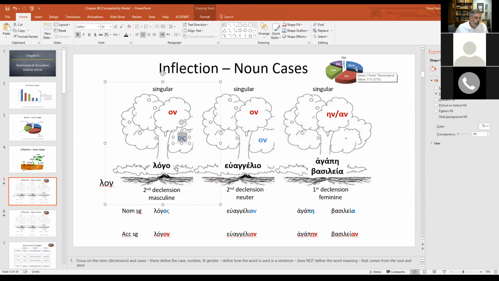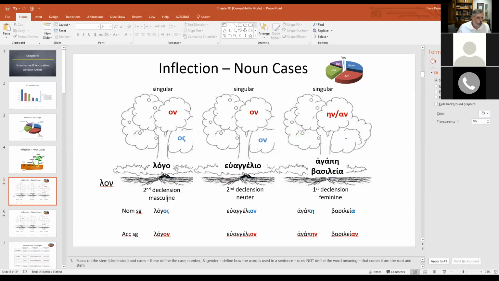That's a nominative case. That means if the word is logos, it's in the nominative singular case, and it means it's functioning as the subject. So in English, I know it's functioning as a subject if it comes before the verb. That doesn't happen in Greek. Logos could be anywhere in the sentence, but I know it's a subject if it has the omicron sigma ending to it.